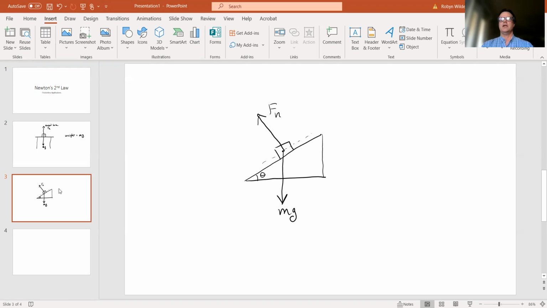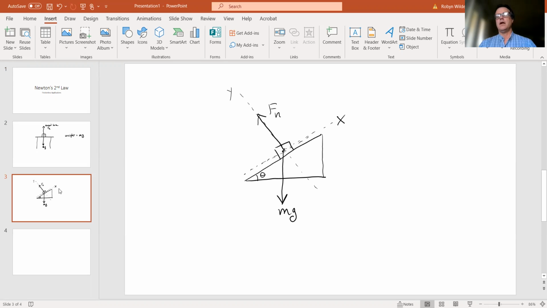The acceleration is going to be down the ramp. It's parallel to the ramp. So it would be nice if I could choose a coordinate system where one of the components of the acceleration is 0. And I can do that just by, for example, choosing my x-axis to be up the ramp, which would then make my y-axis perpendicular. So my y-axis is going to go this way.